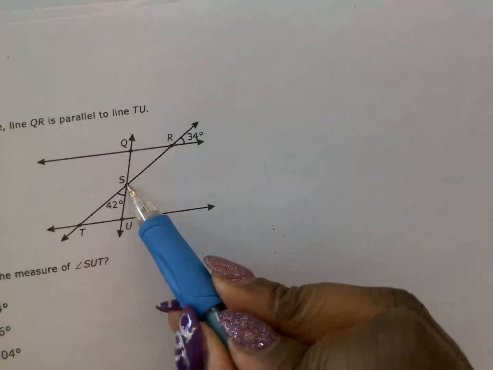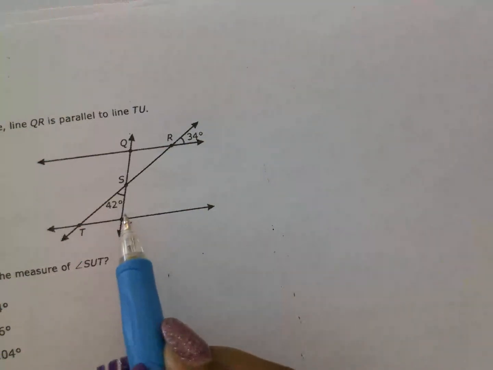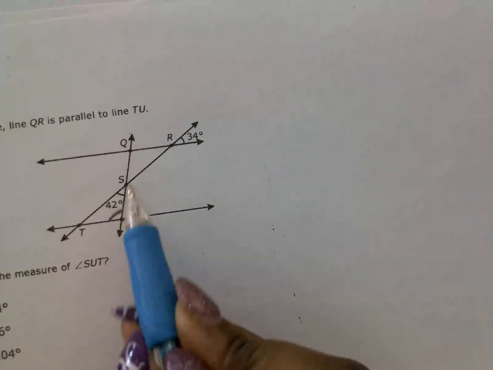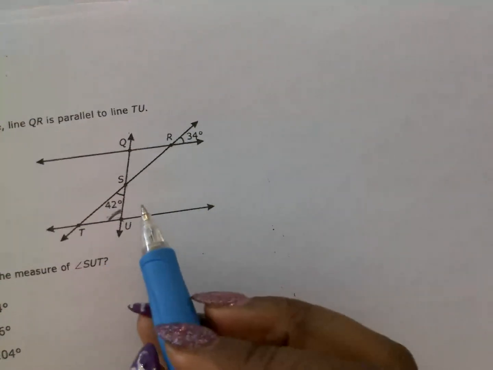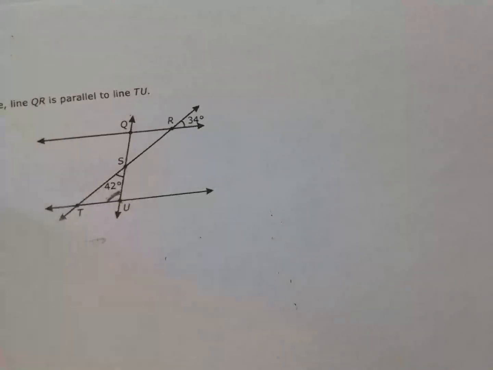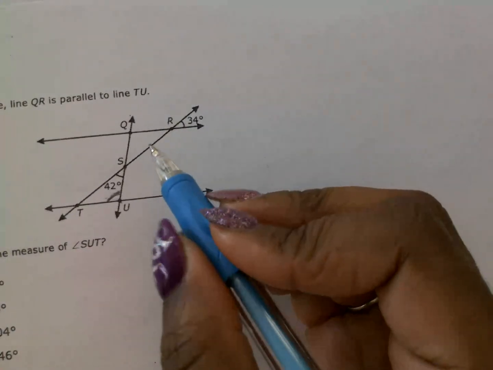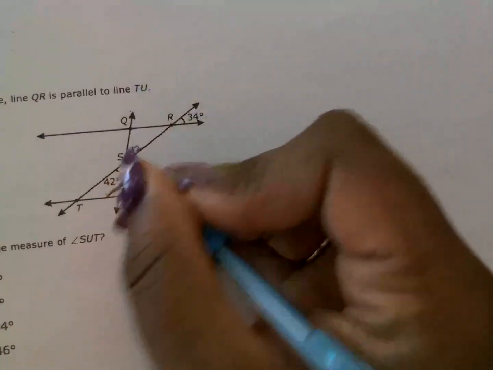S is here. U is here. And T. So the measurement of this angle right here, SUT. So this measurement. All right, so I'm going to do this again. I know this angle is 42 because they're vertical.